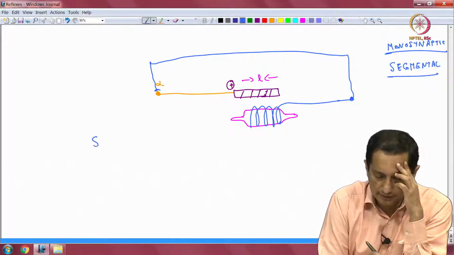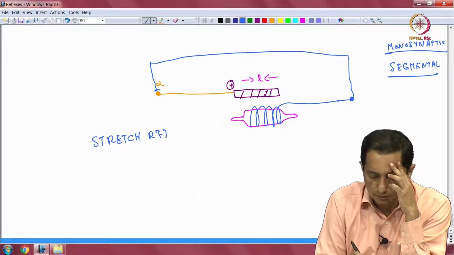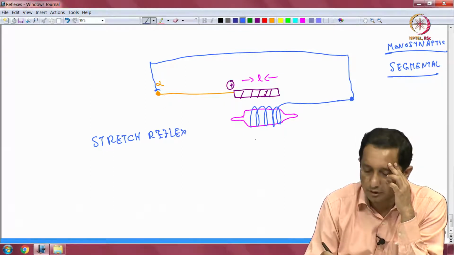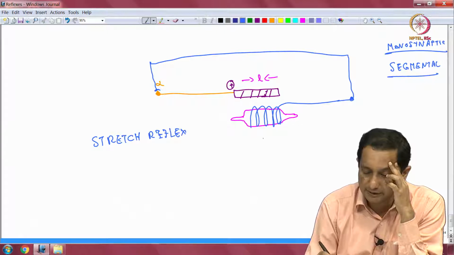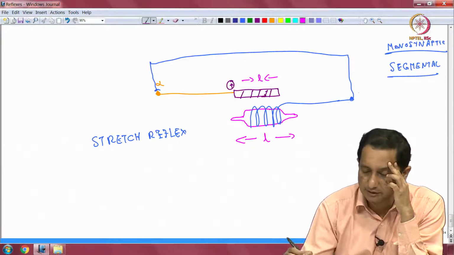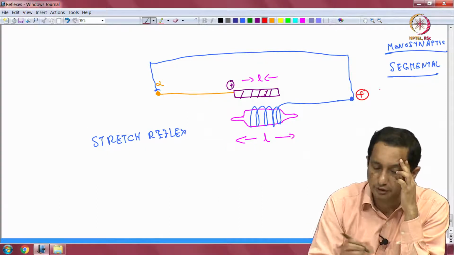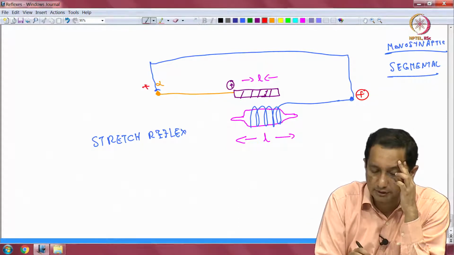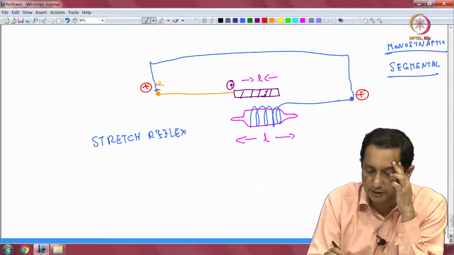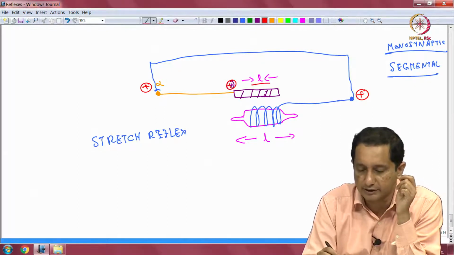The stretch reflex. When we look at the stretch reflex, there is an increase in length. That causes activation of the spindle neuron, which in turn stimulates this neuron, and that in turn produces stimulation in the skeletal muscle and causes a decrease in length.